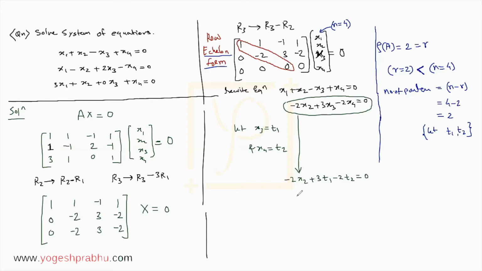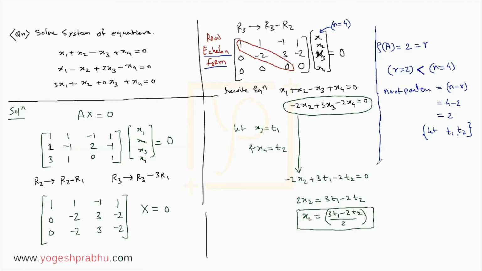That's the first equation I've got. So I can write this as 2x2 is equal to 3 t1 minus 2 t2. Therefore, x2 is going to be (3 t1 minus 2 t2) by 2, and I basically got the x2 value like this.